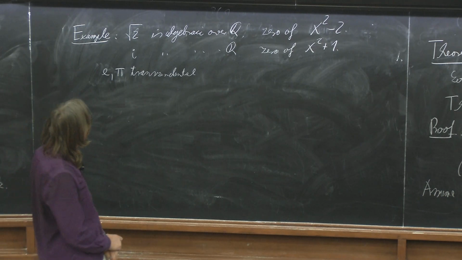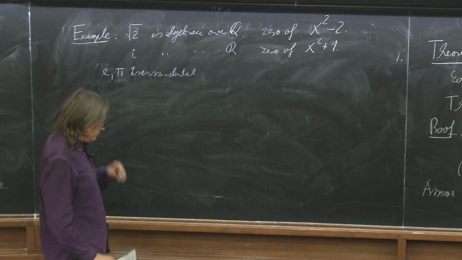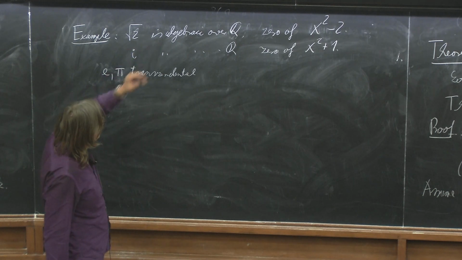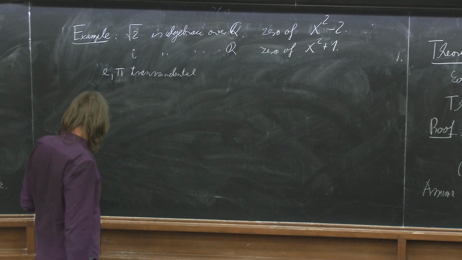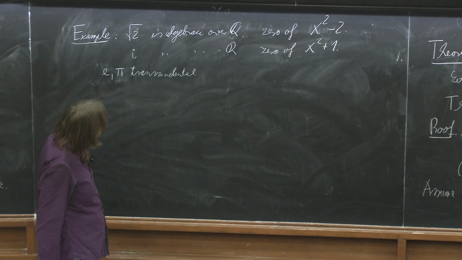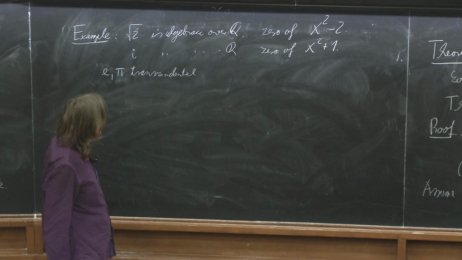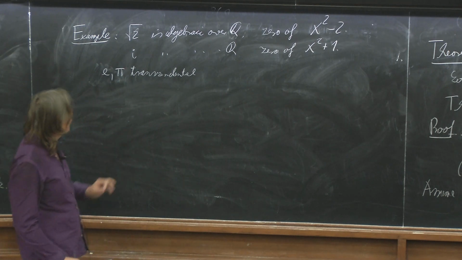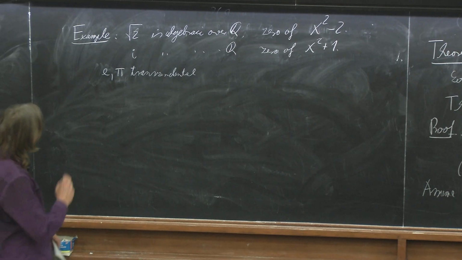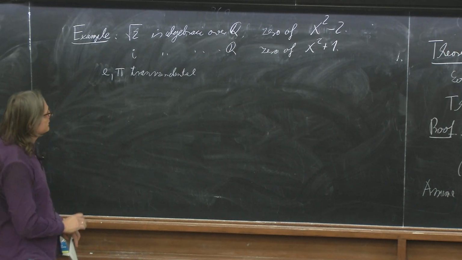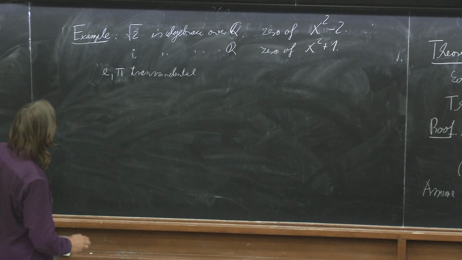On the other hand, one can prove that the algebraic elements in the real numbers are countable, whereas the real numbers altogether are uncountable. So almost all real numbers would be transcendental over Q, but it's slightly more difficult to find a concrete one.